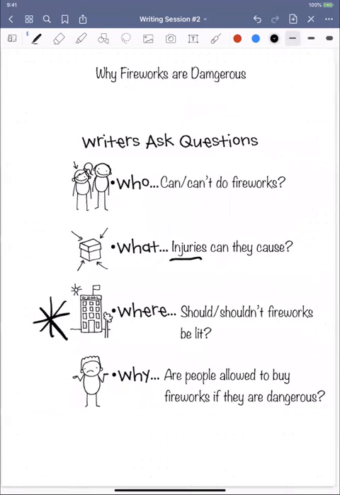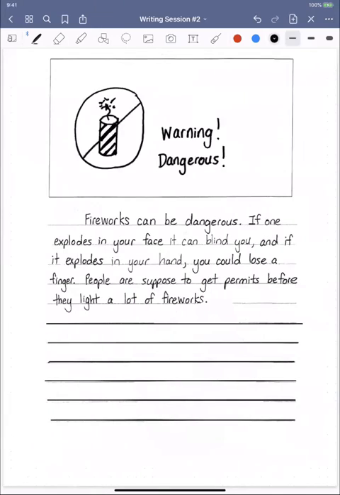So if I go back to my page of why fireworks were dangerous in the first place, here are some things I could maybe add. So we could write: Fireworks can be dangerous.